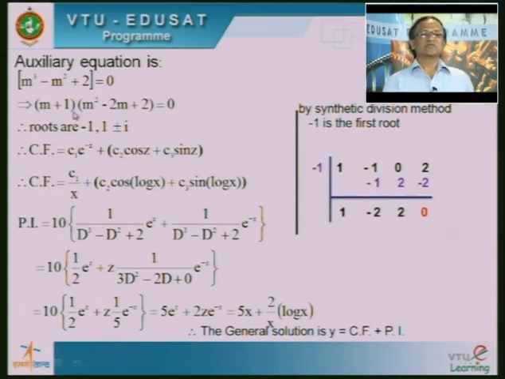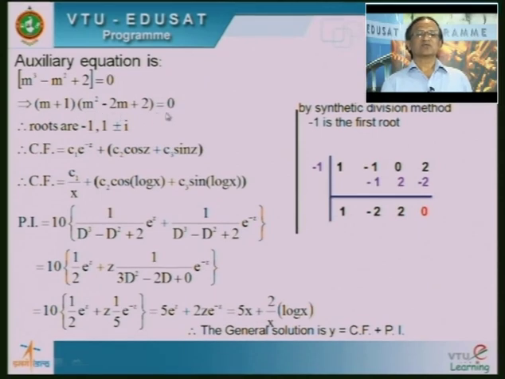Now, m plus 1 into m square minus 2m plus 2 is equal to 0. This implies m plus 1 may be equal to 0 or m square minus 2m plus 2 may be equal to 0. From the first factor, we are already familiar that minus 1 is one root. So, from the second factor, we know that we may obtain 2 more roots.